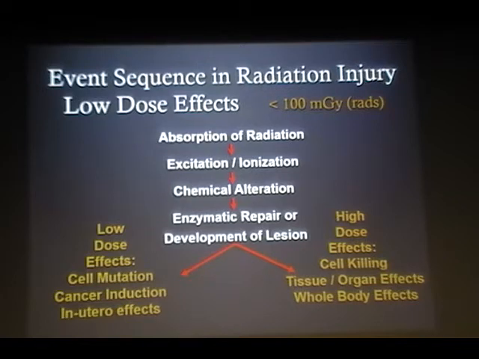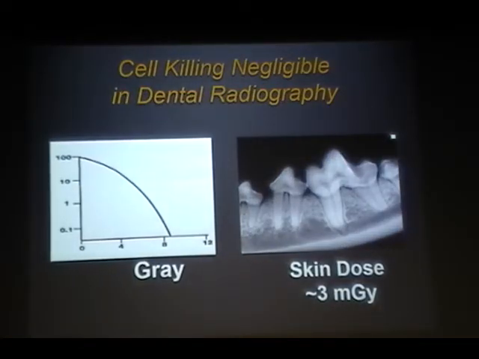Generally with a low dose, the things that could happen are cell mutation, cancer, and in utero effects. With high doses, there could be direct cell killing, because it's a very, very high dose. Cell killing in dental radiographs is pretty much negligible because the dose that we use is 3 milligray.